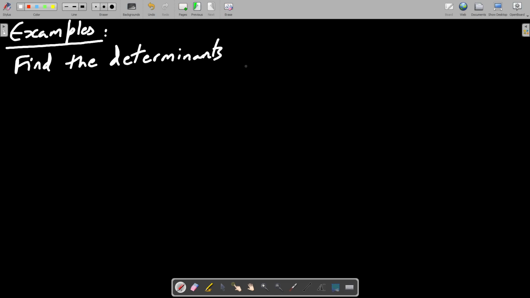Find the determinants of the below matrices.